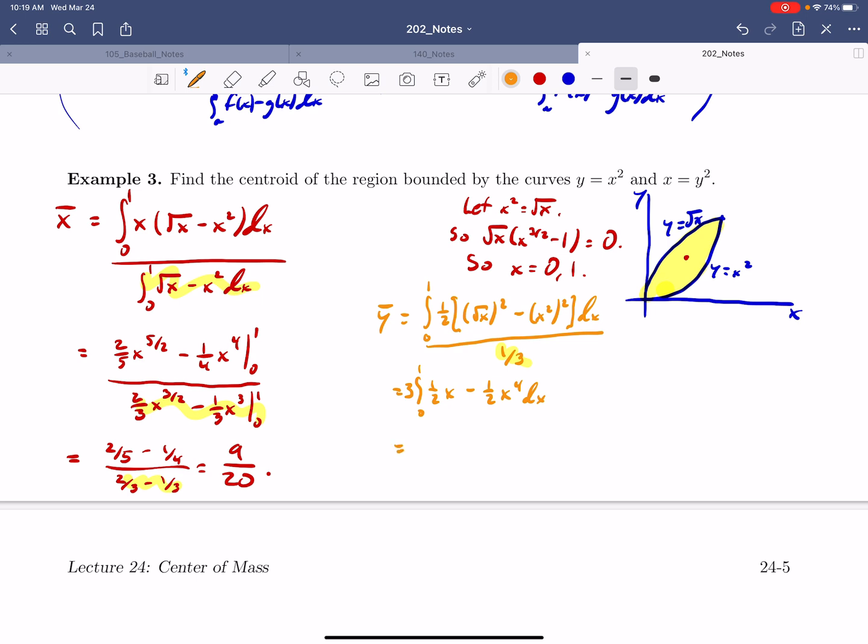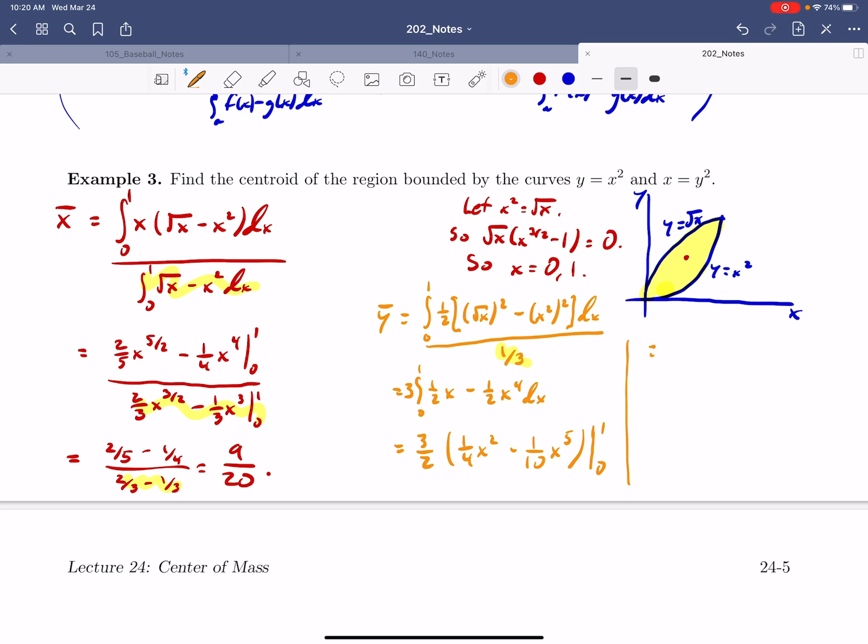And then when we do it out, that's 3/2, pulling the 1/2 outside the integral, times 1/4 x squared minus 1/10 x to the 5th, from 0 to 1.